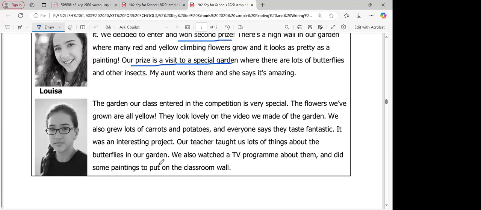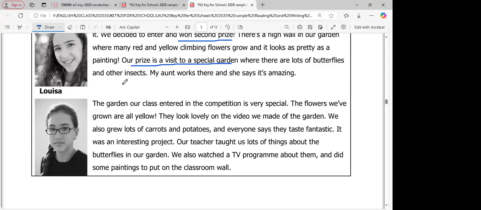It was an interesting project. Our teacher taught us a lot of things about butterflies in our garden. We also watched a TV program about them and did some paintings to put on our classroom walls.